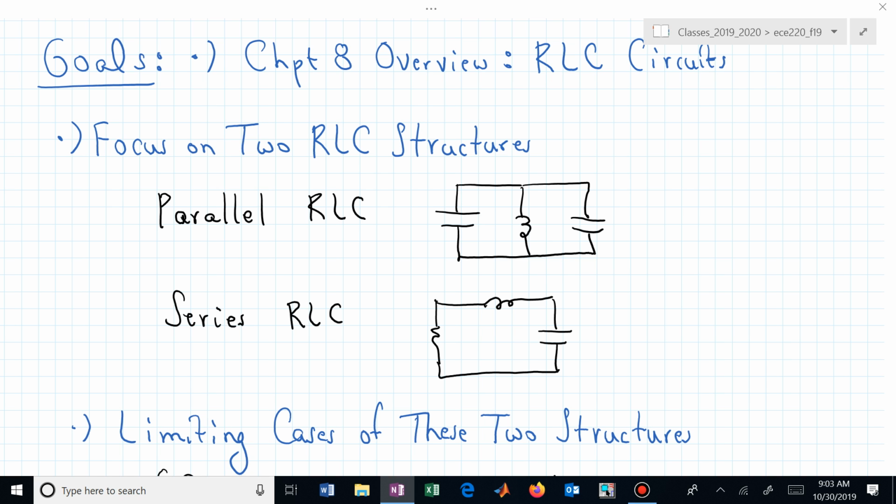That's what we will focus on in class in Chapter 8. It's possible that we can have more than just 3 elements, but after you effectively combine them, you have 3 elements in either parallel or series, and we will introduce sources so that we can have step response behavior relative to these types of circuits.